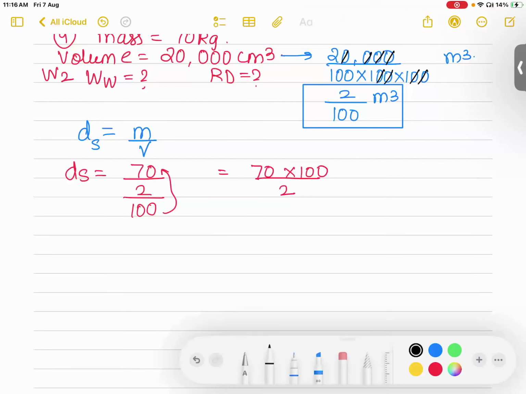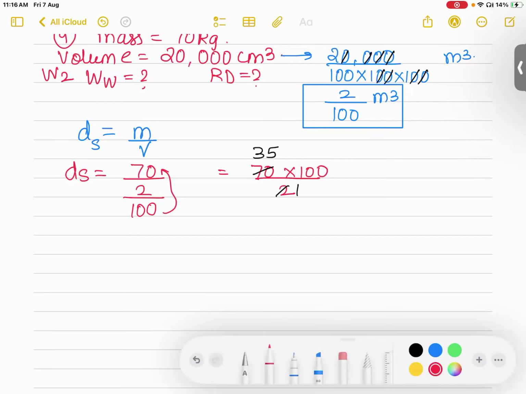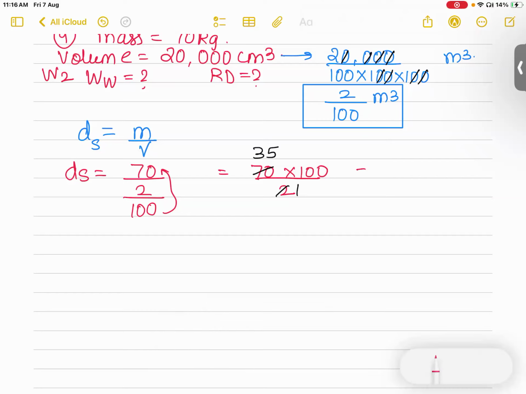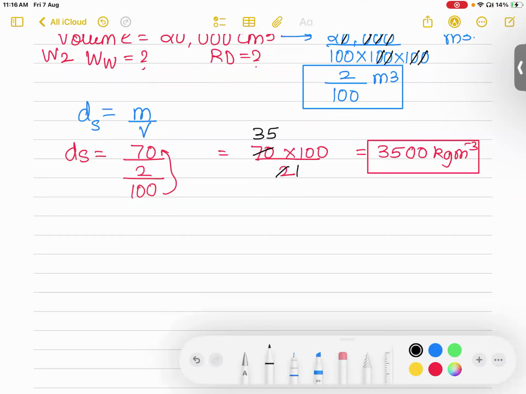This will be 2 sevens are 14, 2 threes are 6, 35 into 100, guys, is going to give me 3500 kg per meter cube. Simple. Density of substance I found out. Now comes the best part. The best part is to calculate RD, guys.